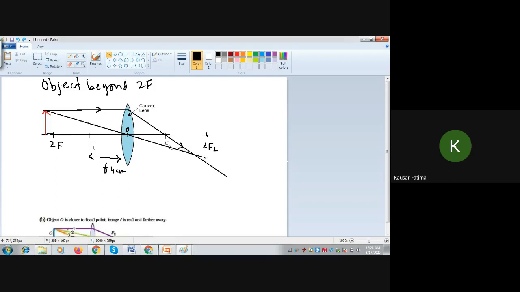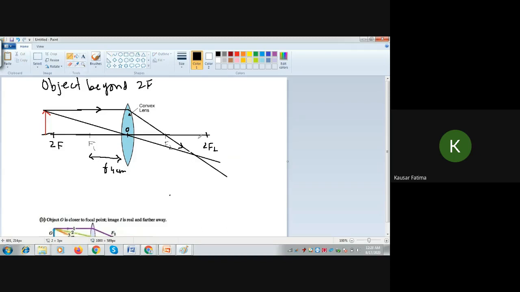So the point where it is striking is here. This is slightly slipped, anyhow, I will redraw. Now this is the point of intersection.